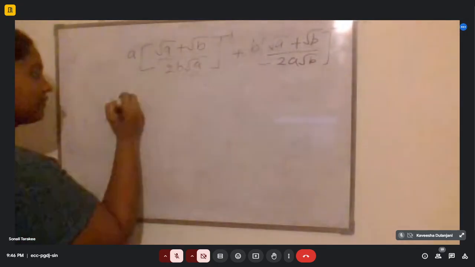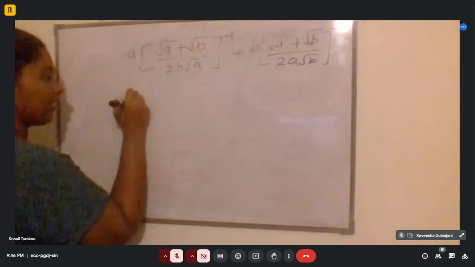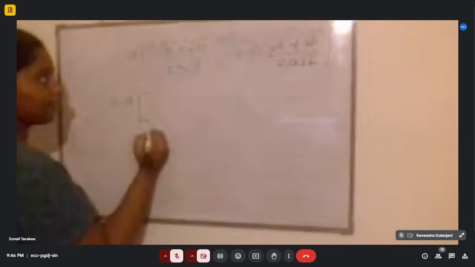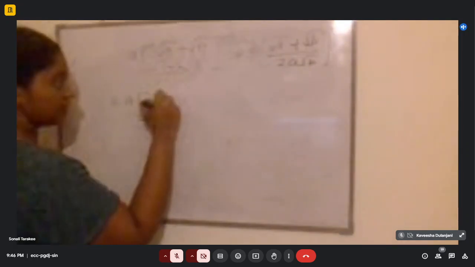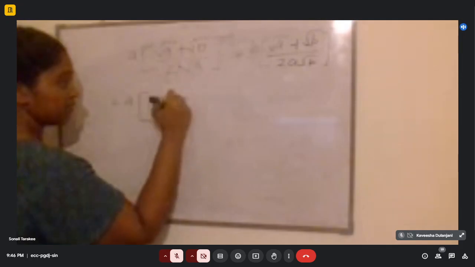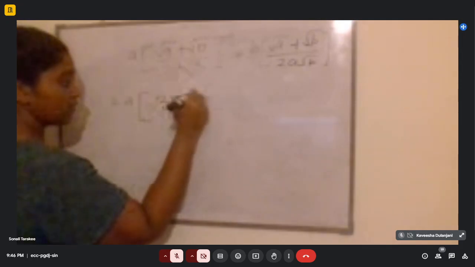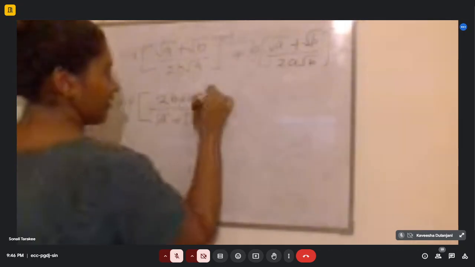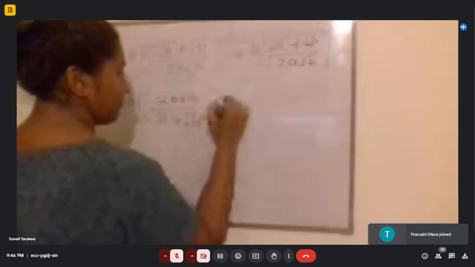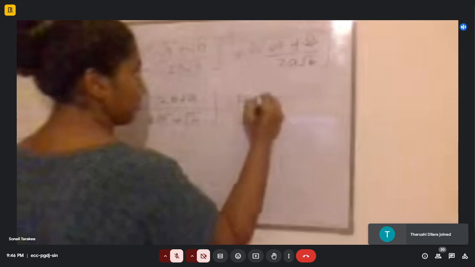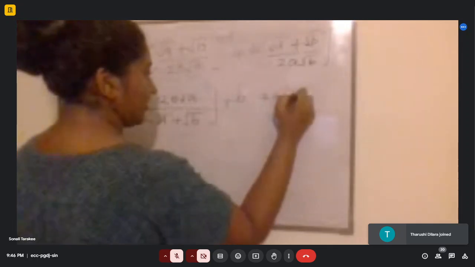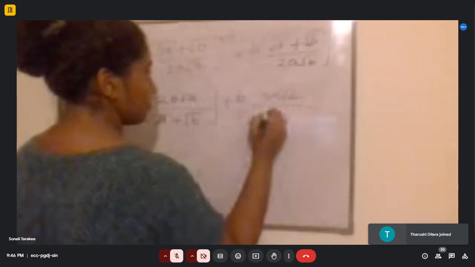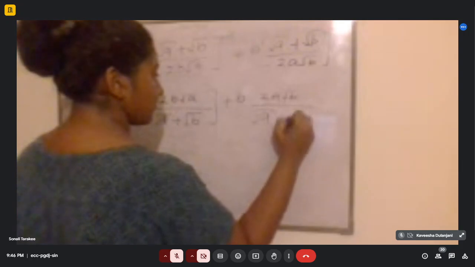So when you solve it, a times, I'll make it upside down. That means 2b root a over root a plus root b, plus b times 2a root b over root a plus root b.